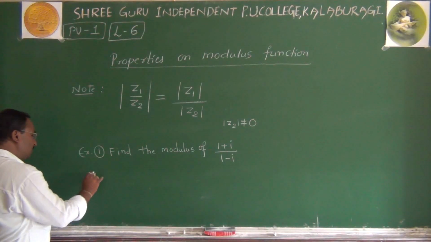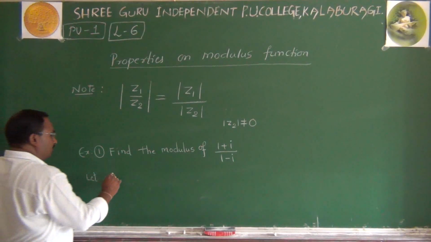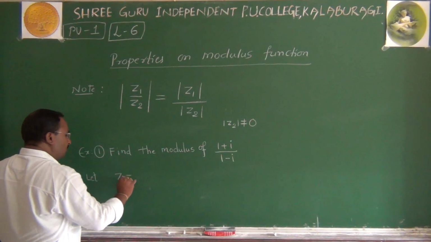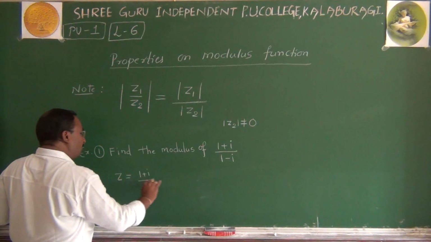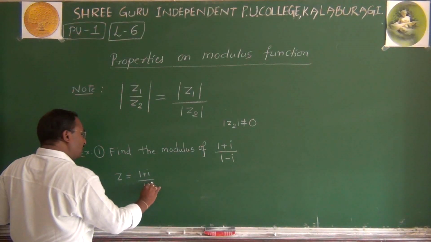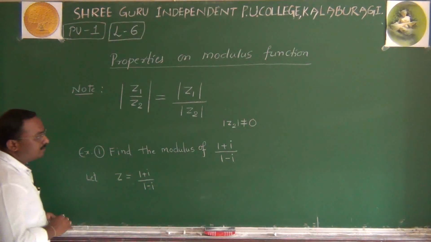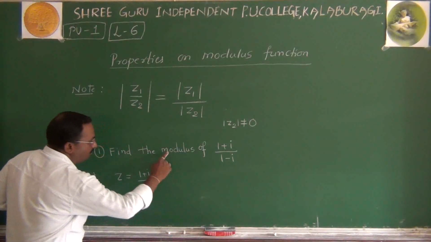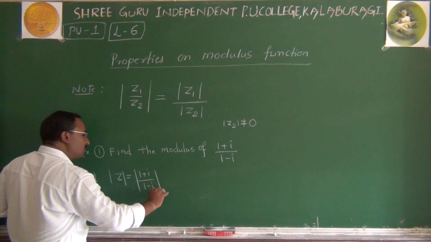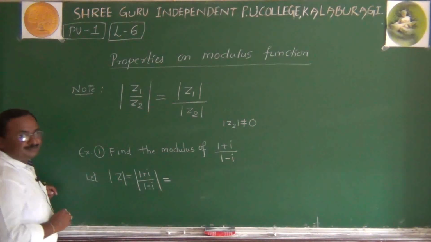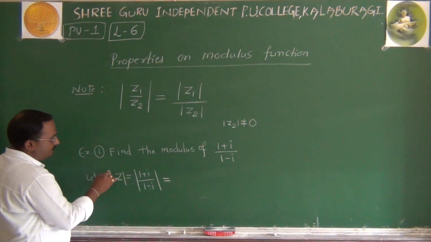Let Z is equal to 1 plus I divided by 1 minus I. This is the complex number. Take the modulus on both sides.